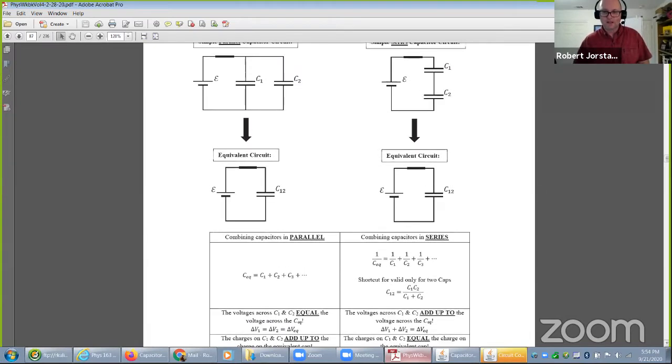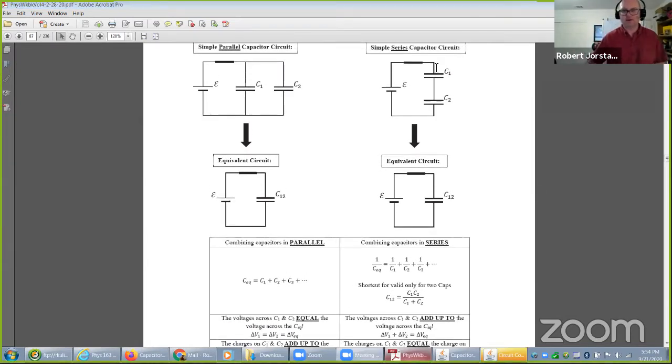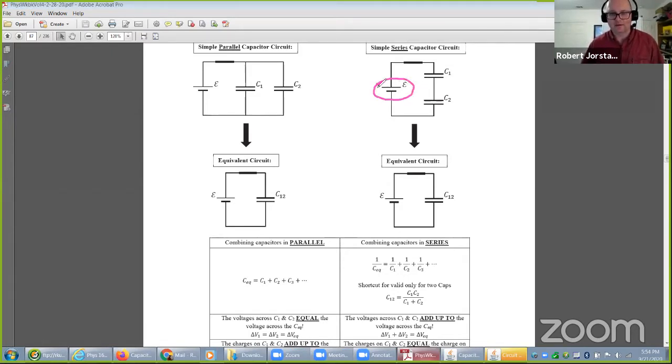All right. So I want to point out this important fact that people tend to screw up. The voltage of this battery here, delta V of the battery, is equal to E in this case. Just pretend E is some number. Maybe it's 1.5 volts. Notice this is just like our last circuit that we looked at.